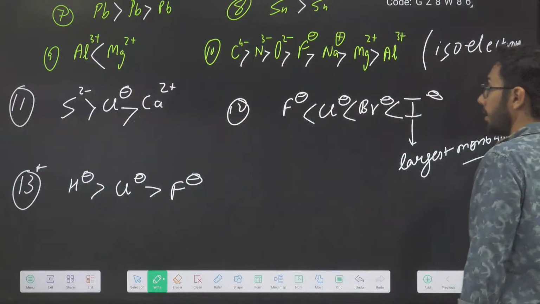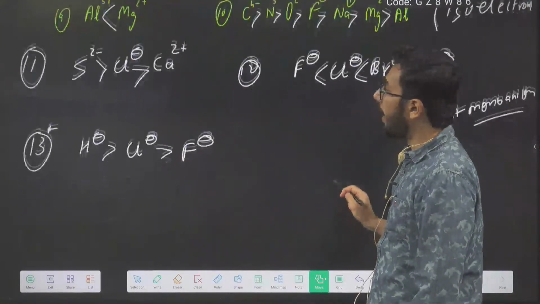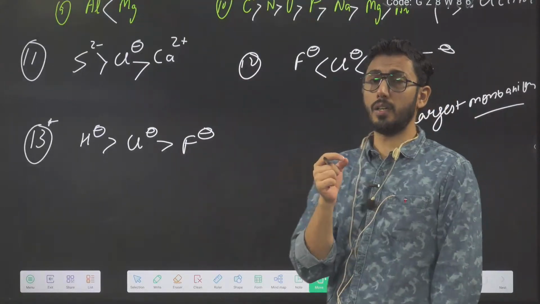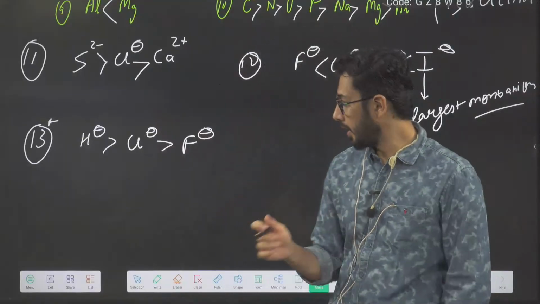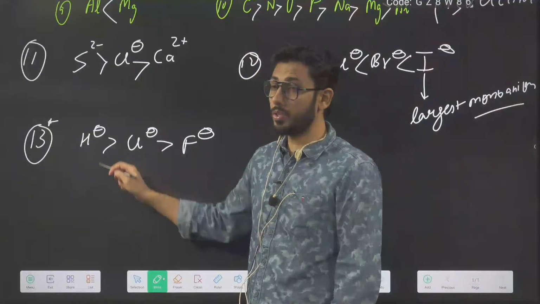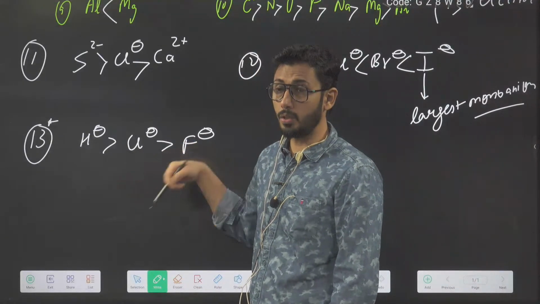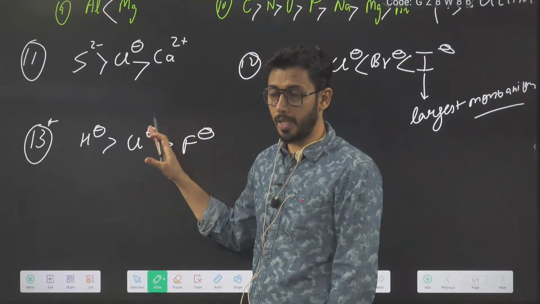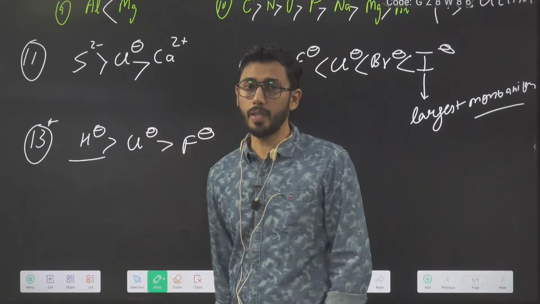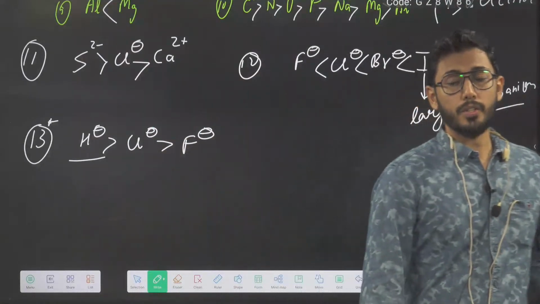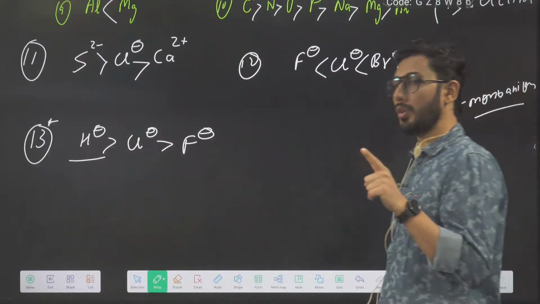13th, hydride ion is undoubtedly looking like it is from hydrogen, but its ionic radius is even more than chloride or bromide, comparable, less than I minus. So that is only used for module solving, that in H minus there are 2 electrons and 1 proton.